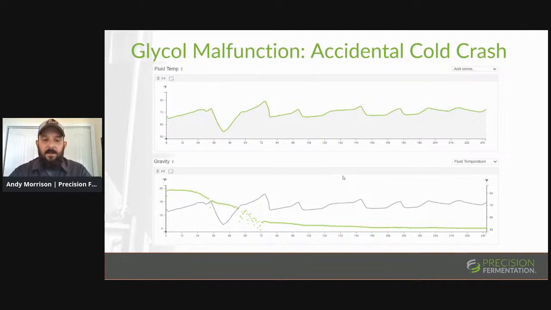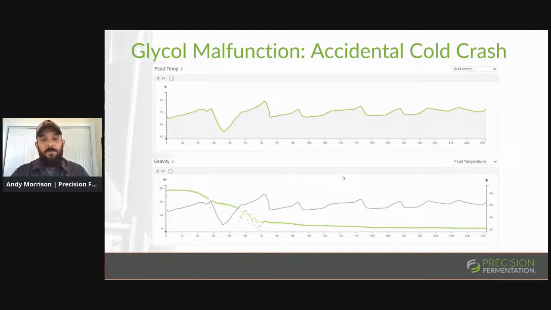Once that temperature starts to rise back up again, then you can see how the fermentation kicks back off, gets super active as that data starts scattering, and then works its way downwards again to eventually finish out where those guys wanted it to.